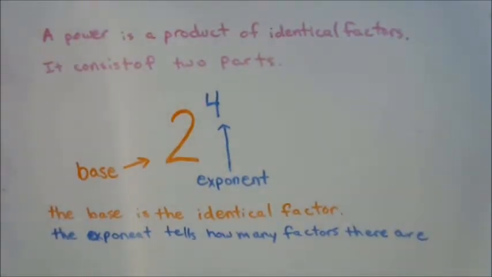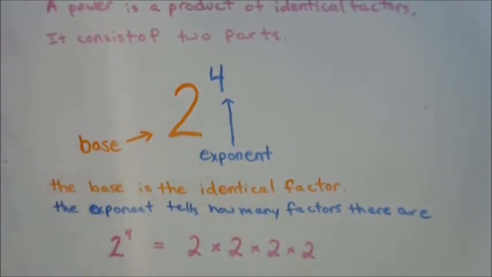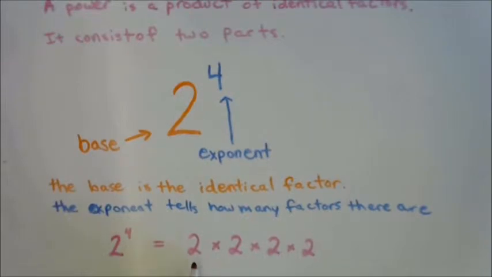So if we took this 2 to the power of 4 and we expanded it, we would end up with 2 multiplied by itself 4 times. 2 times 2 times 2 times 2. Instead of writing all of this, we can just write 2 to the power of 4.